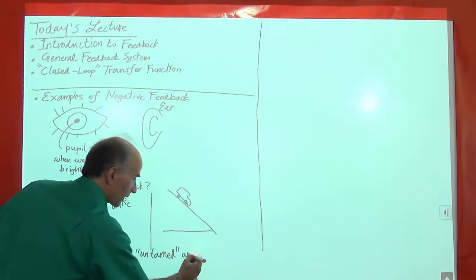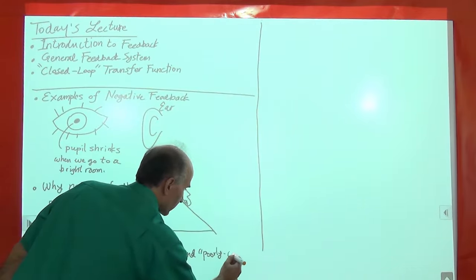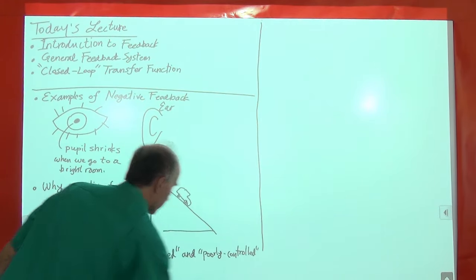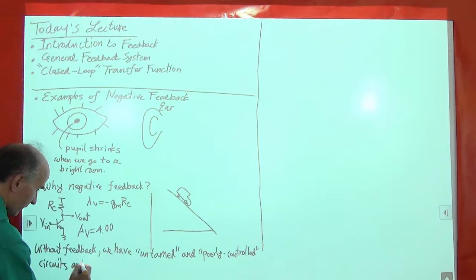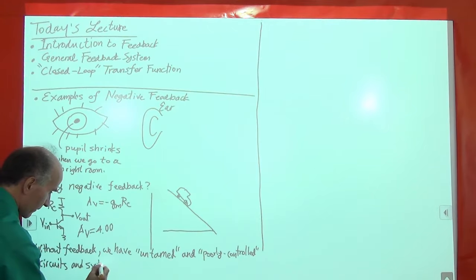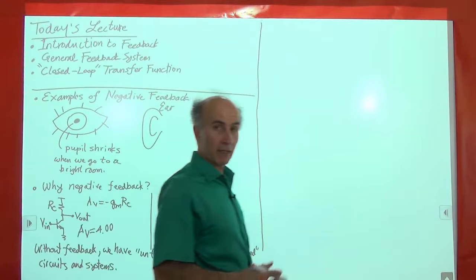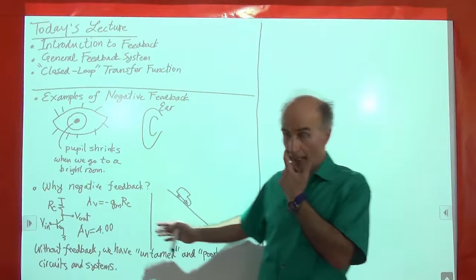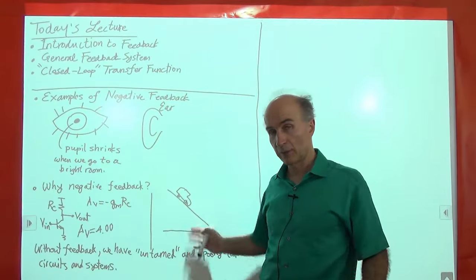Untamed and poorly controlled circuits and systems. Okay, so that's the trouble, right? We have variability in the gain of the circuit, that's a poorly controlled gain, and we have the speed that is not controlled, because we have applied no feedback.